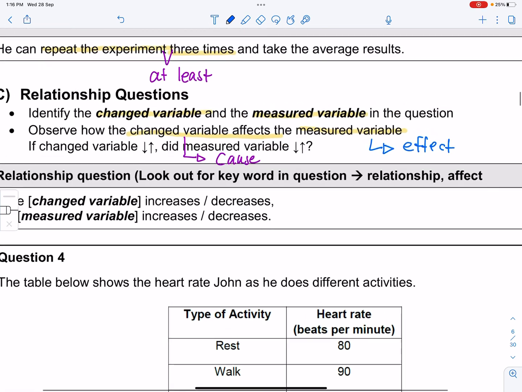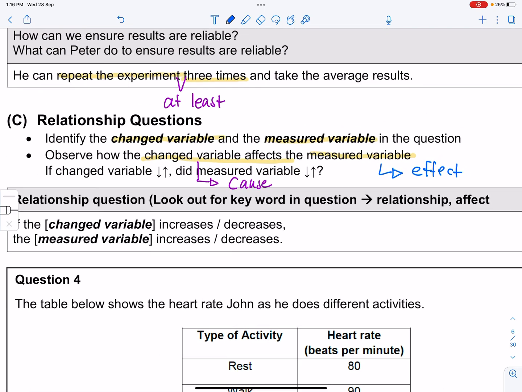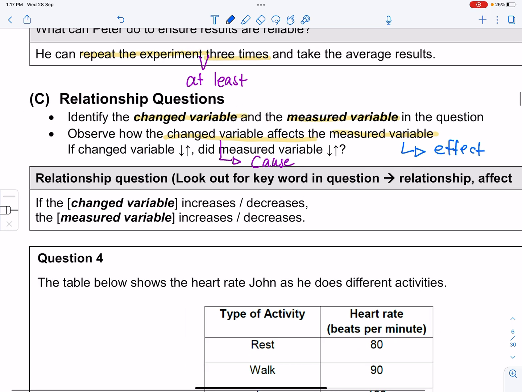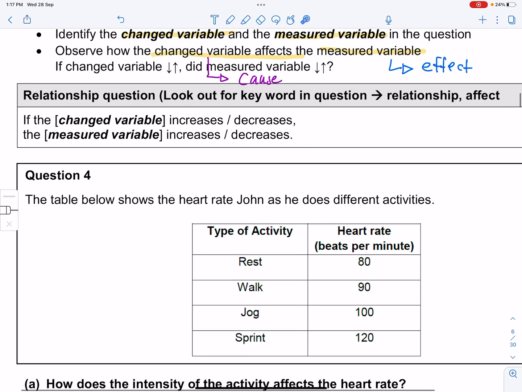So what kind of relationship can you have? So what should it be? It can read as, if the change variable increases or decreases, the measured variable will increase or decrease. So whether increase or decrease depends on your results. Okay? But there is actually a third one that is not here. Okay?